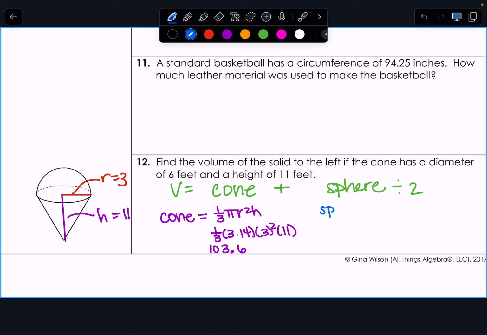If I wanted the full sphere, then it would be 4/3 pi r cubed. So we're going to take 4/3, 3.14, and 3 cubed. Go ahead and put in your calculator what we would get for the full sphere.